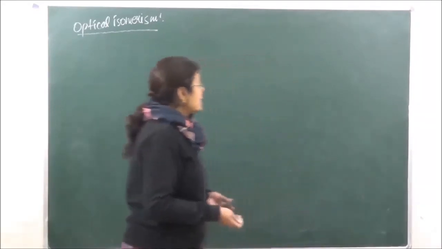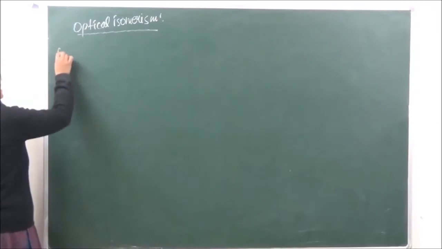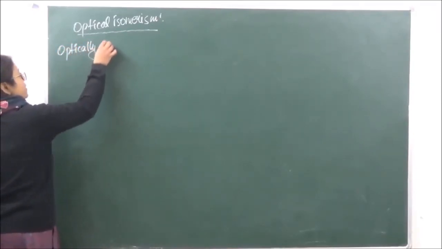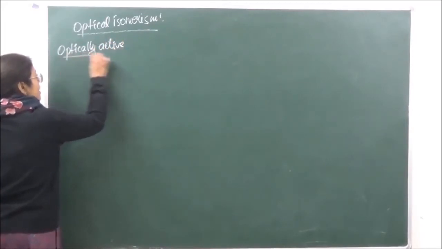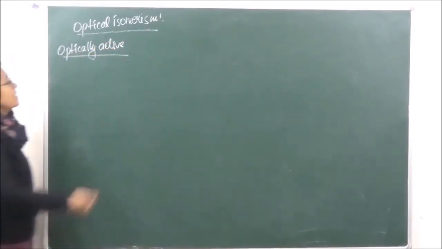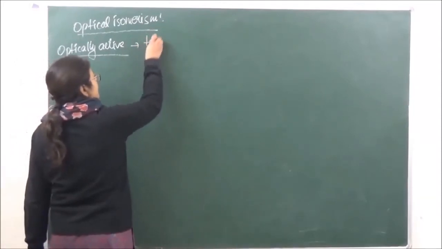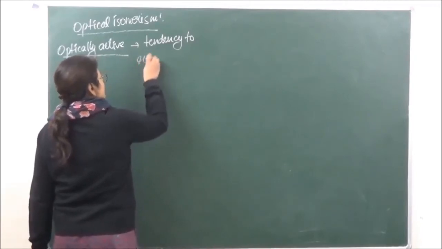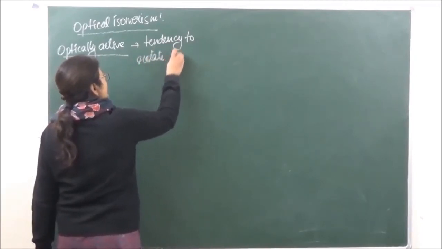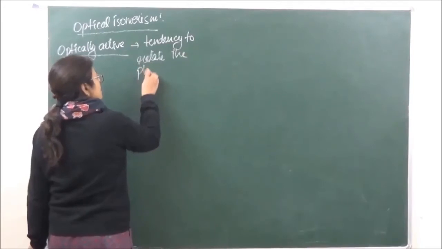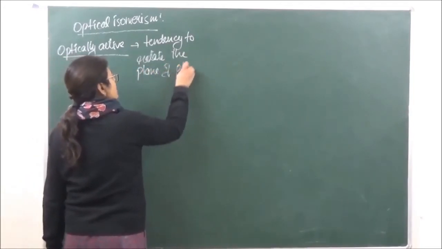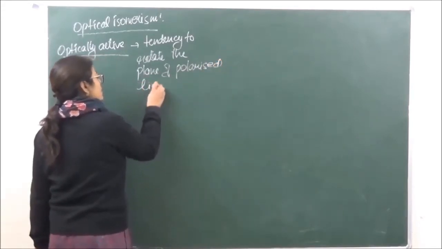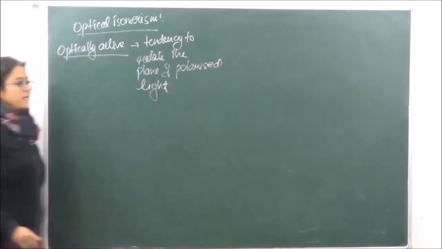So let's understand first what is optical activity. Optically active coordinate complexes are those which have a tendency to rotate the plane of polarized light.